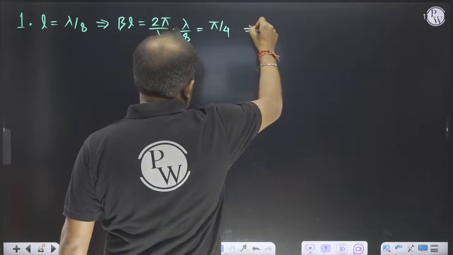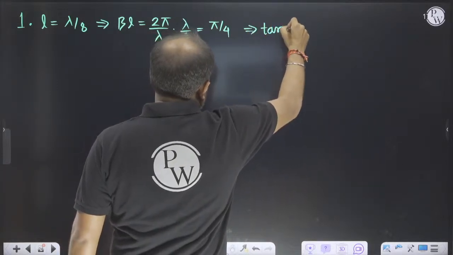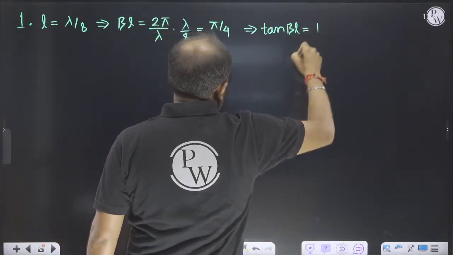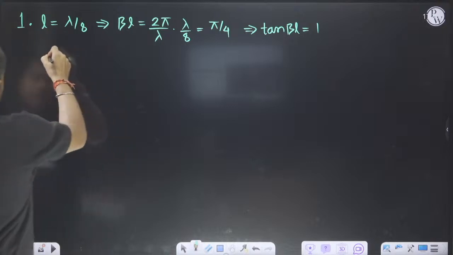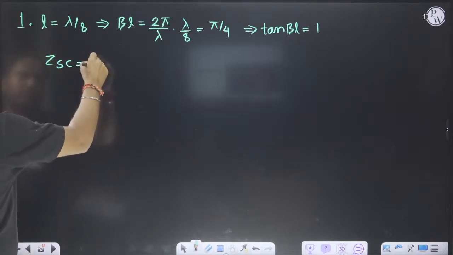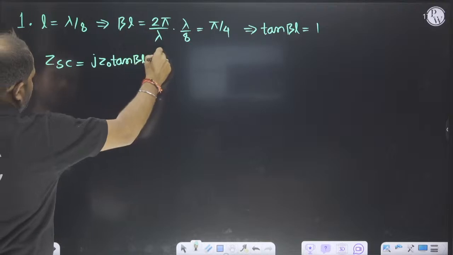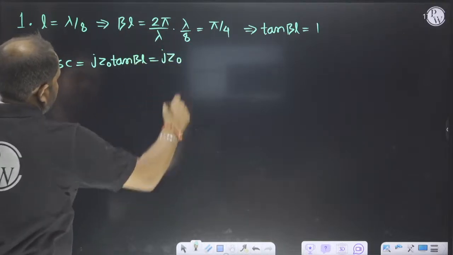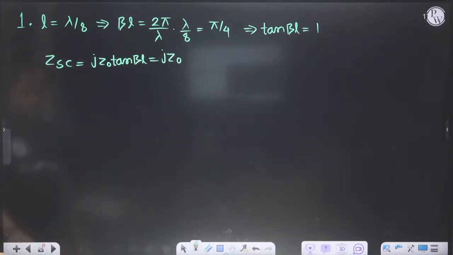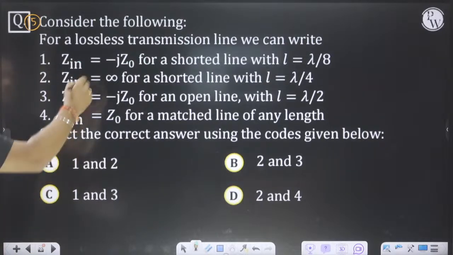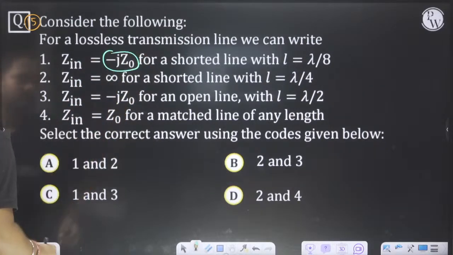So tan beta L will be equal to 1. That means ZSC will be equal to jZ0 tan beta L. Tan beta L is 1, so it will be jZ0. This one is minus jZ0. So first one is wrong.